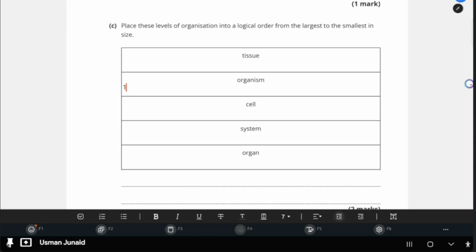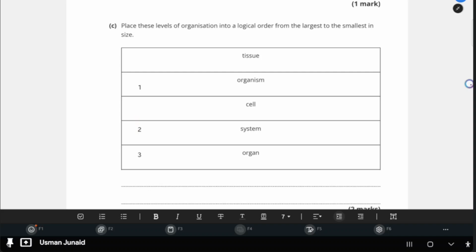What happens when there are multiple organs? What is that called? System. So it would be system, two. After that, organ, three.